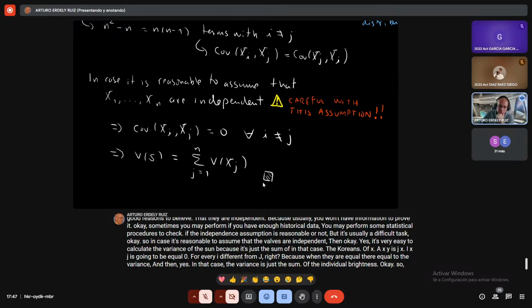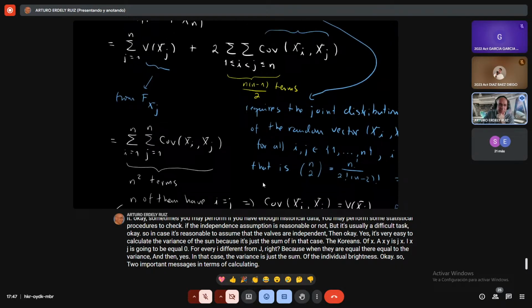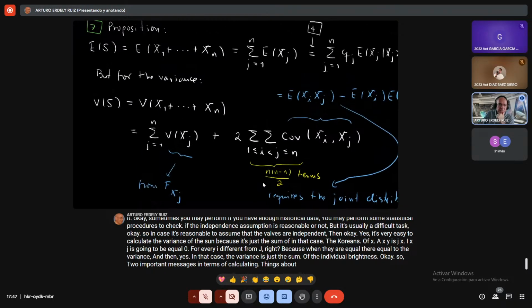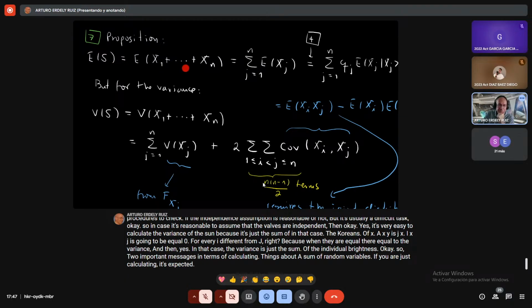So, two important messages in terms of calculating things about a sum of random variables. If you are just calculating its expected value, you don't have to worry about whether they are independent or not.